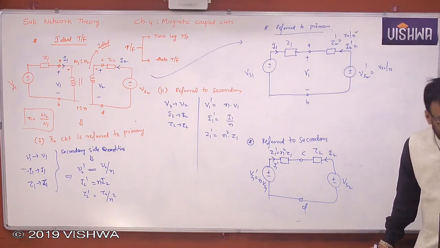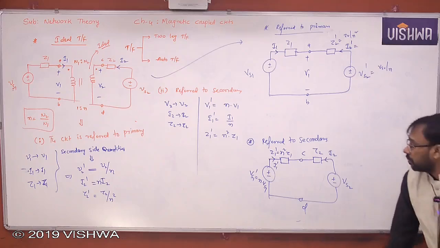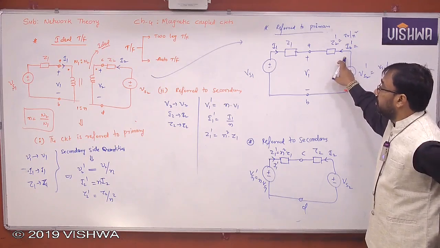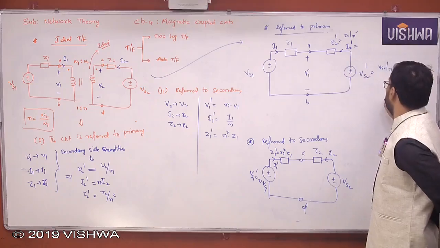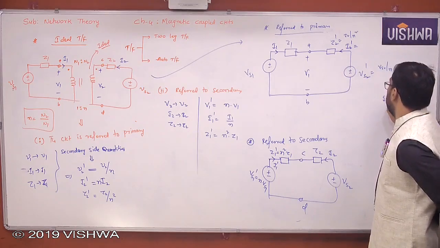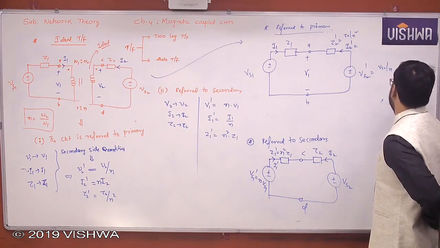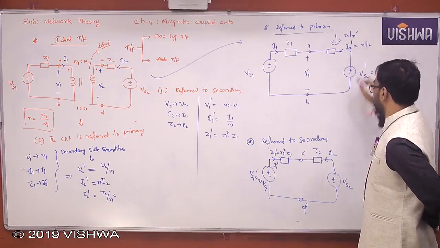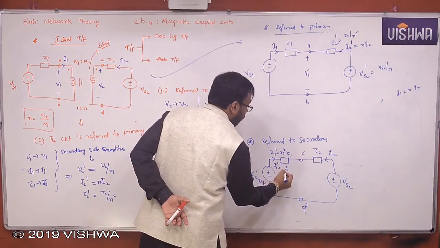Note down please, quickly. But what about this I2 dash here? I2 dash is nothing but what? Primary side you are taking. So generally I1 is equal to N times I2. Now here you are referring to the secondary, so I1 by N.